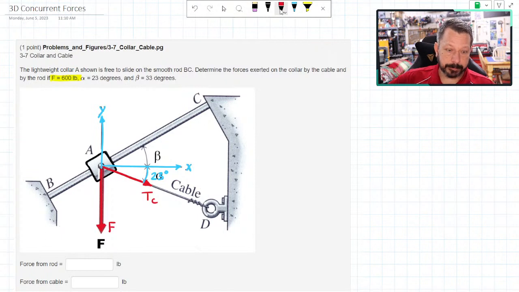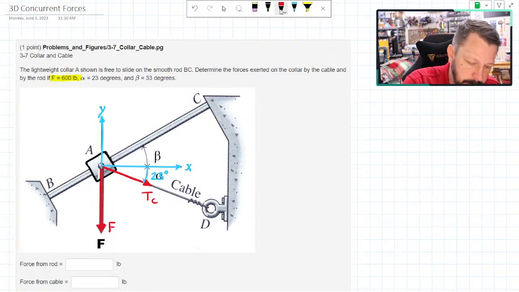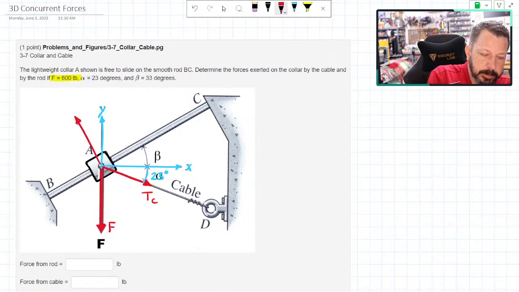The reaction for all of those, like this collar on a rod, pin in a hole or a slot, wheels on the ground, something like that, the reaction is perpendicular to the constraint. So the constraint here is rod BC, and so the reaction that rod is applying to collar A is perpendicular to rod BC. So it's going to do something like this, and let's just call it the normal force.